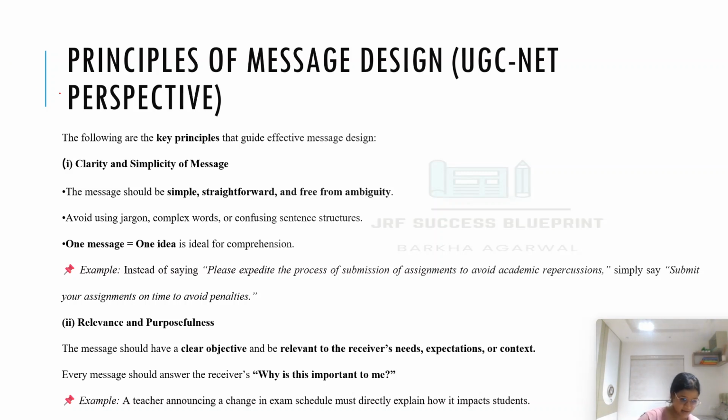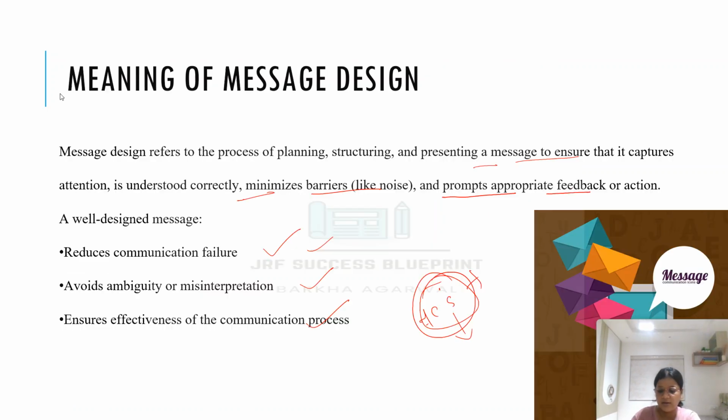Okay, so I'll tell you what the 7 C's of communication are. Number one is clarity. Clarity in the communication should be there, right? Number two is conciseness. Number three, the message should be correct. It should be complete.